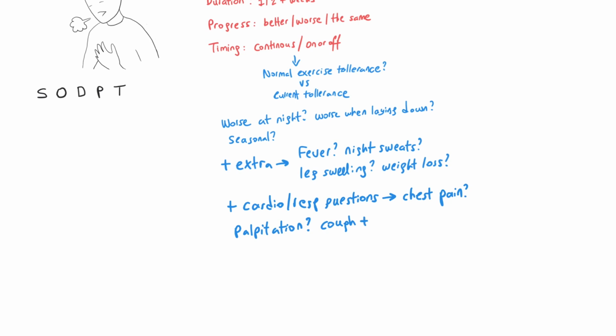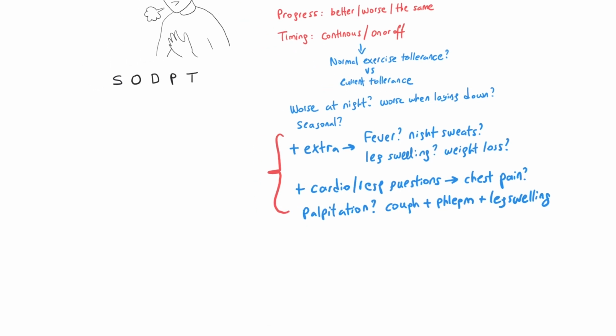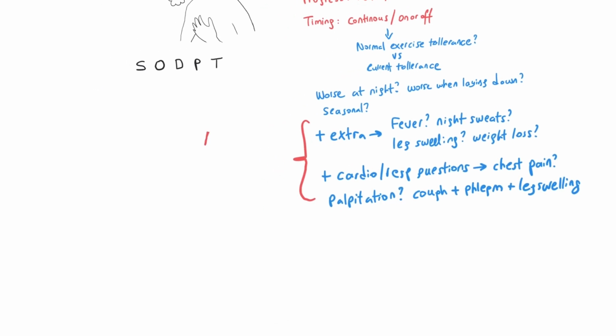And ask them if they're producing any phlegm or sputum. And again, leg swelling. These are the associated symptoms. If you want to keep it quite structured, you can say associated symptoms.